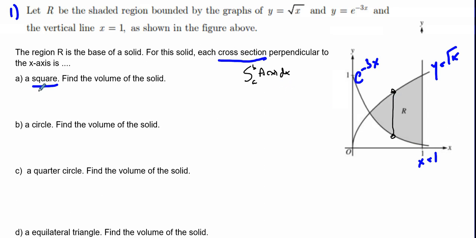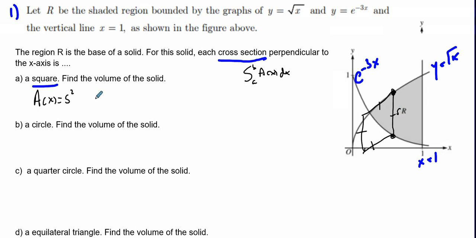Now, the first one is a square. So what is A of x going to equal? Well, that's going to be the side squared. So what is the side length going to be? This side is going to equal this, and we're creating little squares, and they're all being placed inside here. So all these sides are equal. The question is, what is the side length in terms of x? Well, you take the top minus the bottom to find the length of something.